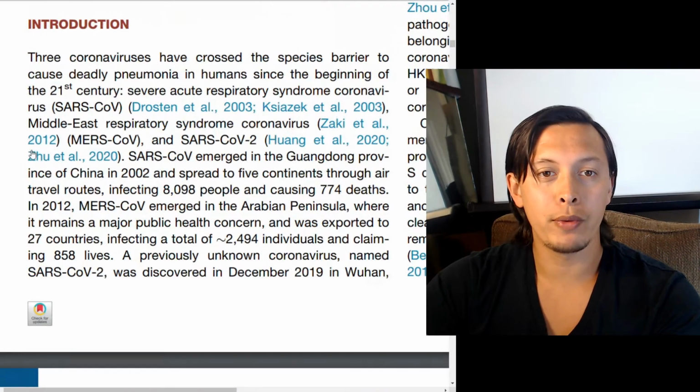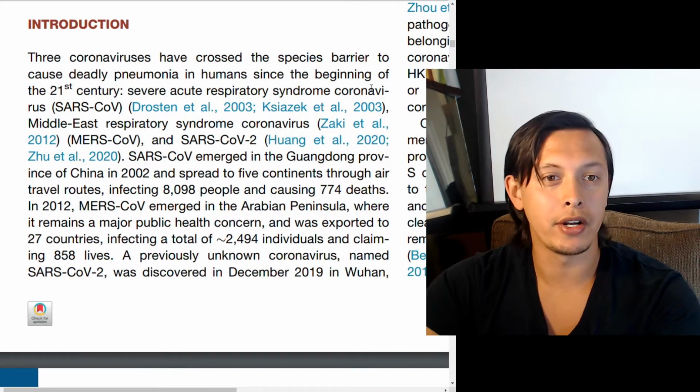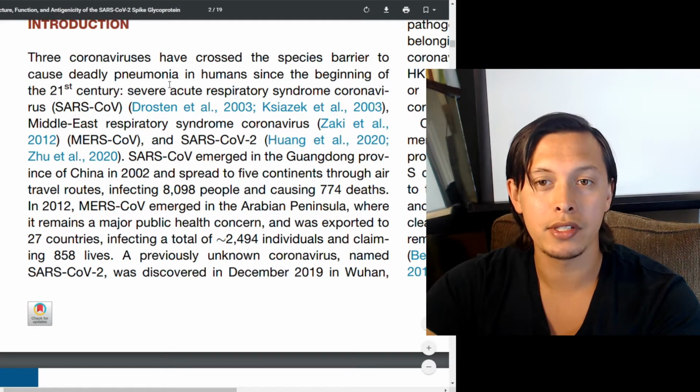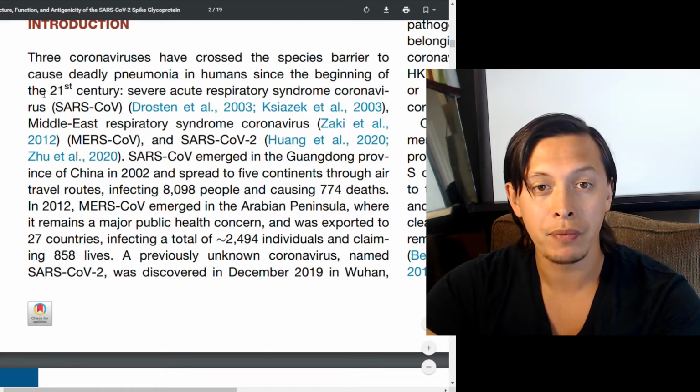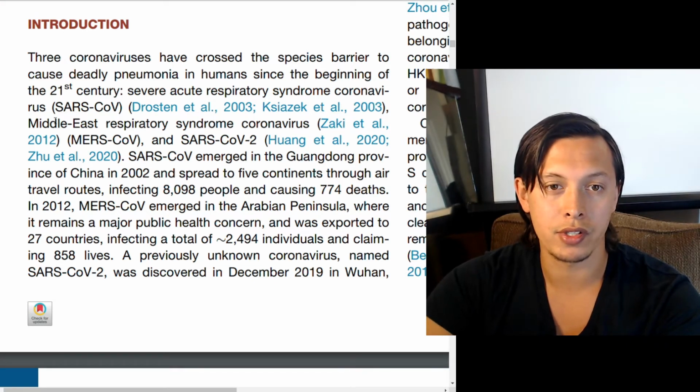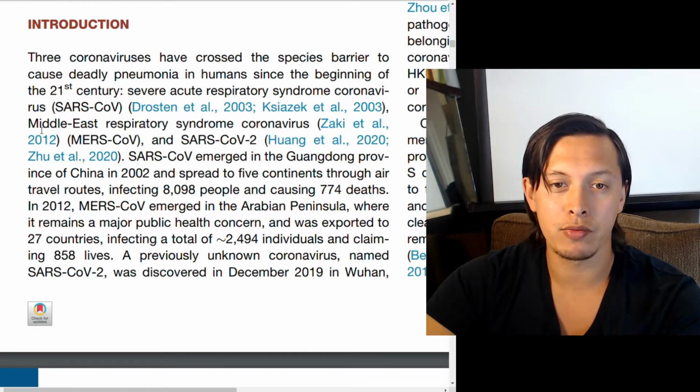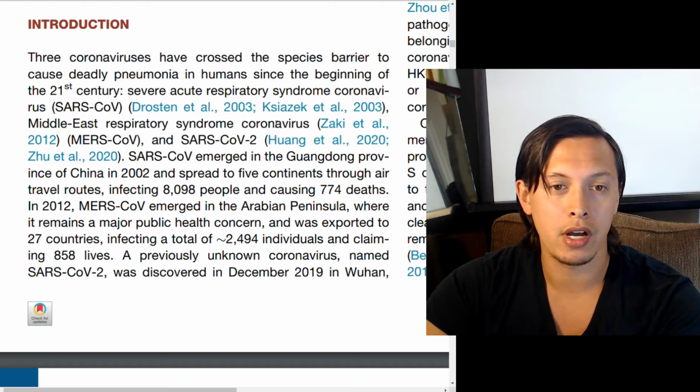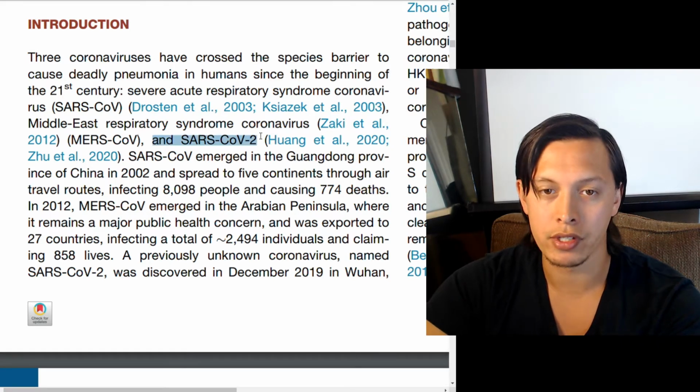So 3 coronaviruses have crossed the species barrier to cause deadly pneumonia in humans since the beginning of the 21st century. These are severe acute respiratory syndrome coronavirus, or SARS-CoV, and Middle East respiratory syndrome coronavirus, MERS-CoV, and now we have the new SARS-CoV-2.